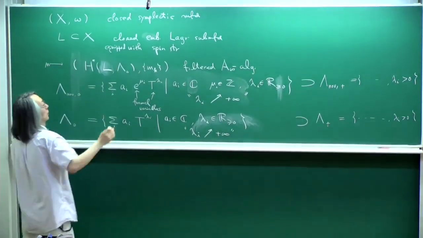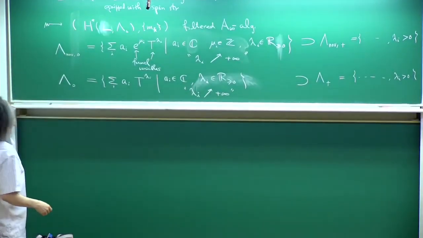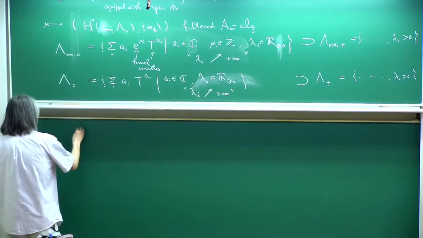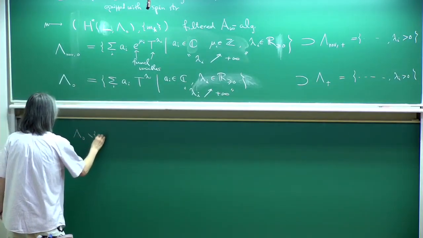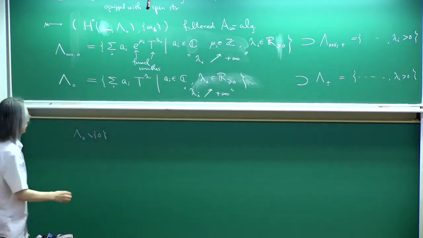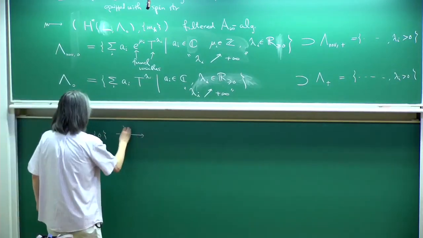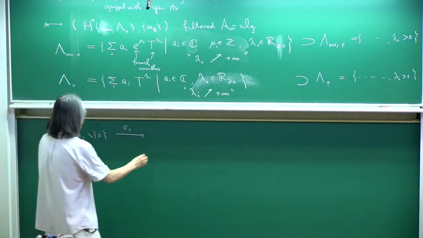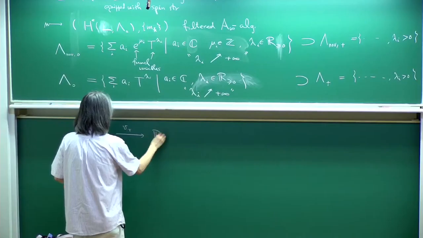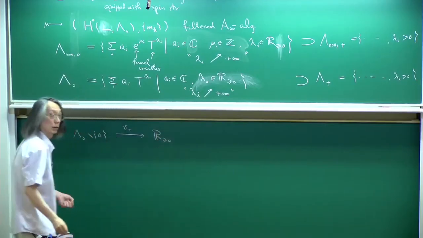Okay. So here I consider the following. Over Lambda_0 minus 0, we consider what we call the additive valuation, mapping it to the non-negative reals.